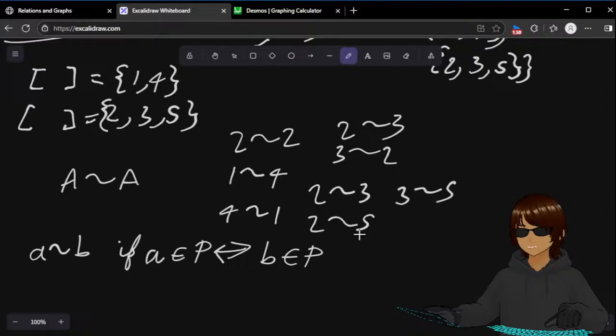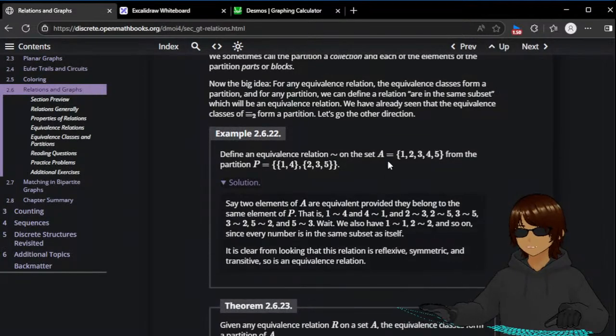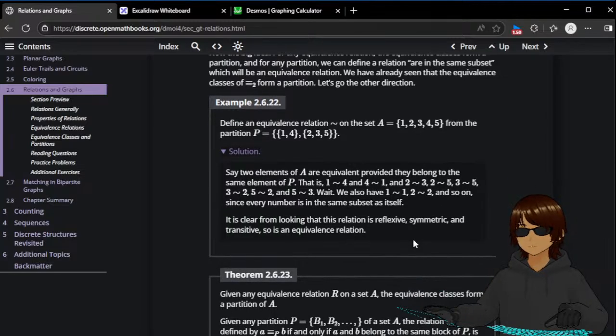If 5 is prime, then if 2 is prime, then 5 is prime. I think 2 goes here, so does 3 and 5. 1 goes here, 1 is not prime, so 4 is not prime. I think that is one solution. We also have 1, 1, 2, 2, and so on, since every number is in the same subset as itself.